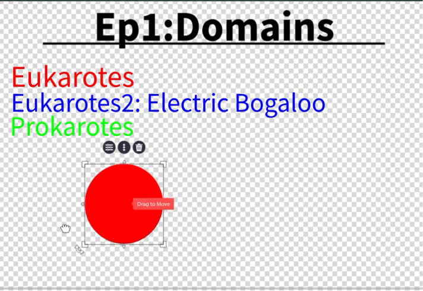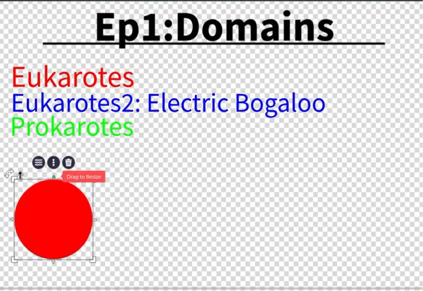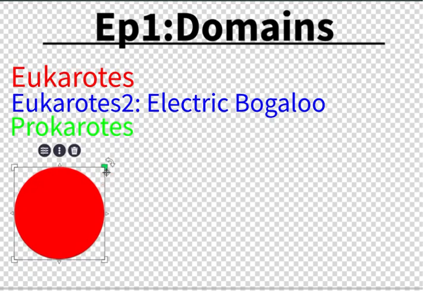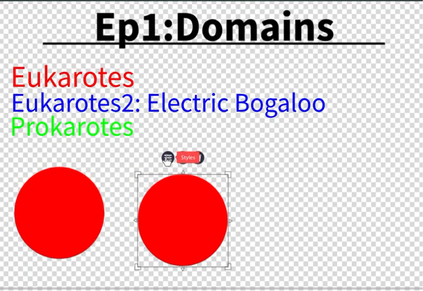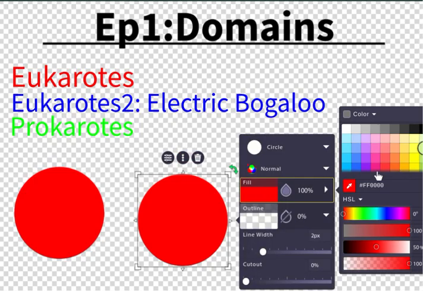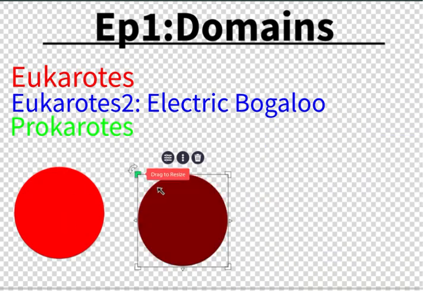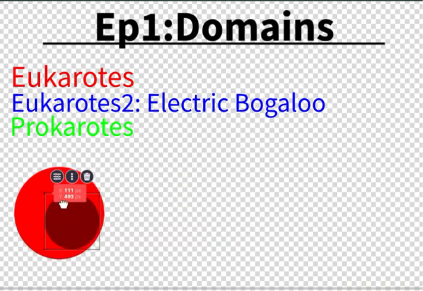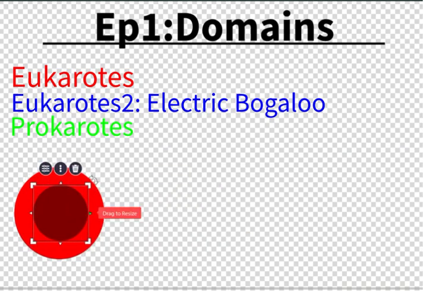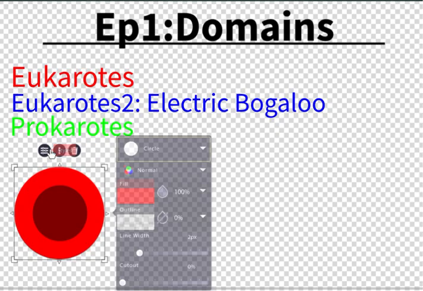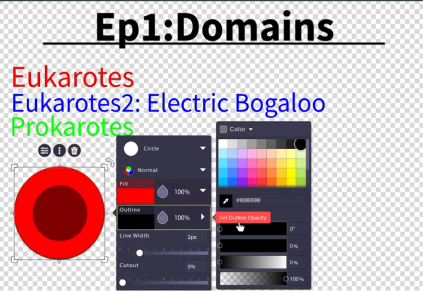Starting off with eukaryotes. They're gonna just kind of be similar to how we have them here on Earth. Cell. Cell with nucleus. And we also give it like a cell wall.